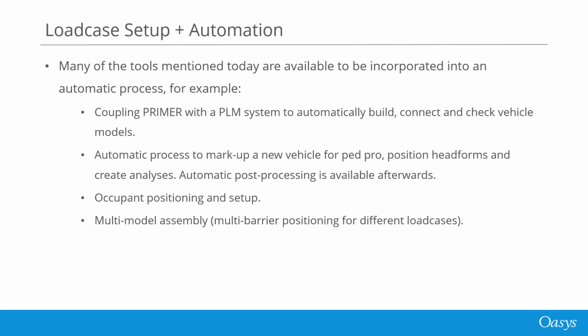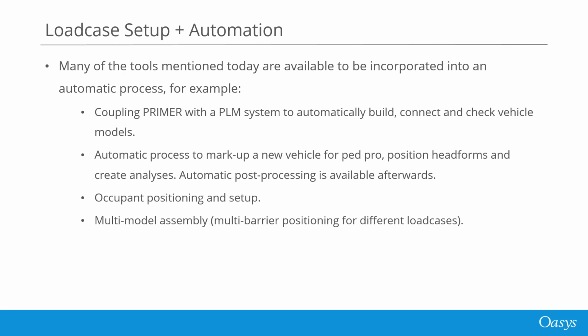So for example, coupling Primer with a PLM system to automatically build, connect, and check vehicle models. Maybe an automatic process to mark up a new vehicle for pedestrian protection, position headforms, and create many analyses. Automatic post-processing is then available afterwards as well.